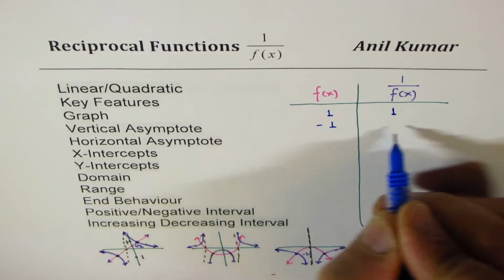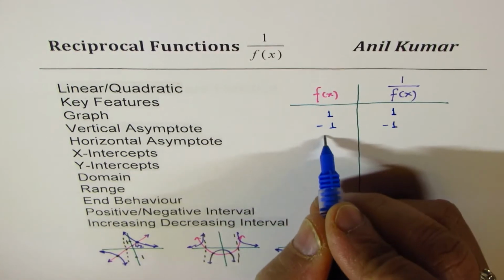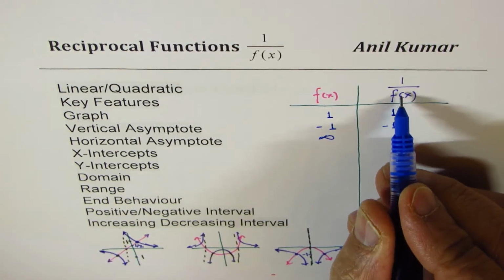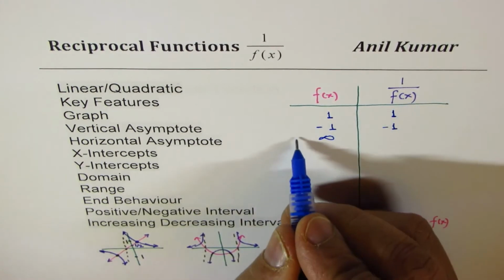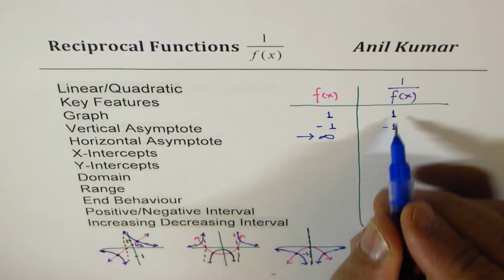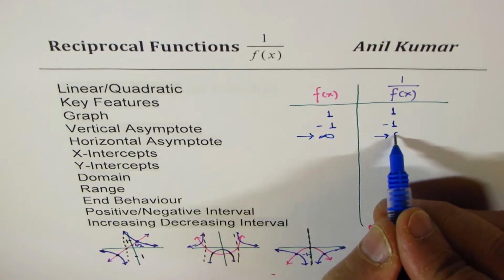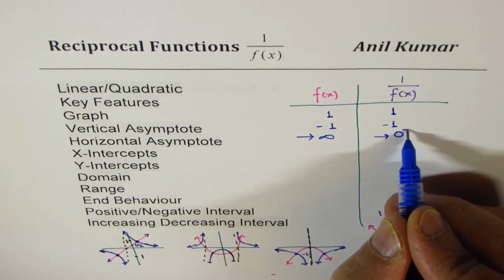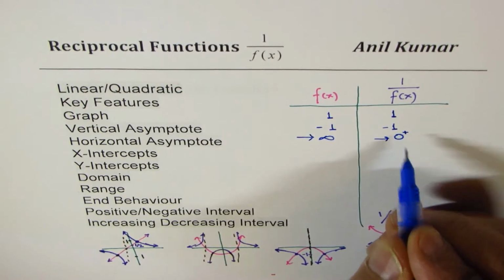If I have -1, it will be -1. If I have plus infinity, it will approach 0, right? So that means if the function is approaching infinity, reciprocal will approach 0. If it is positive infinity, it is going to approach 0 from the positive side, right? Like here.